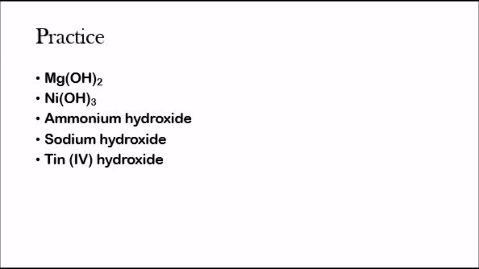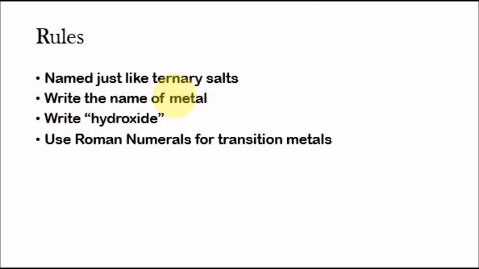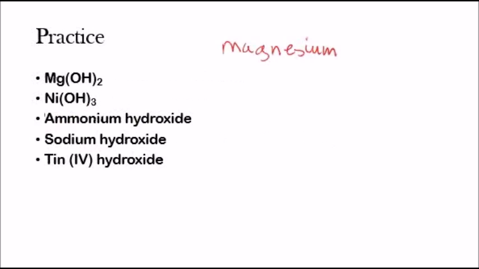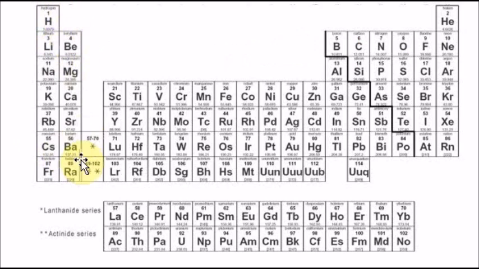So we just write magnesium, write the name of the metal, and then we write the word hydroxide. Fairly simple.